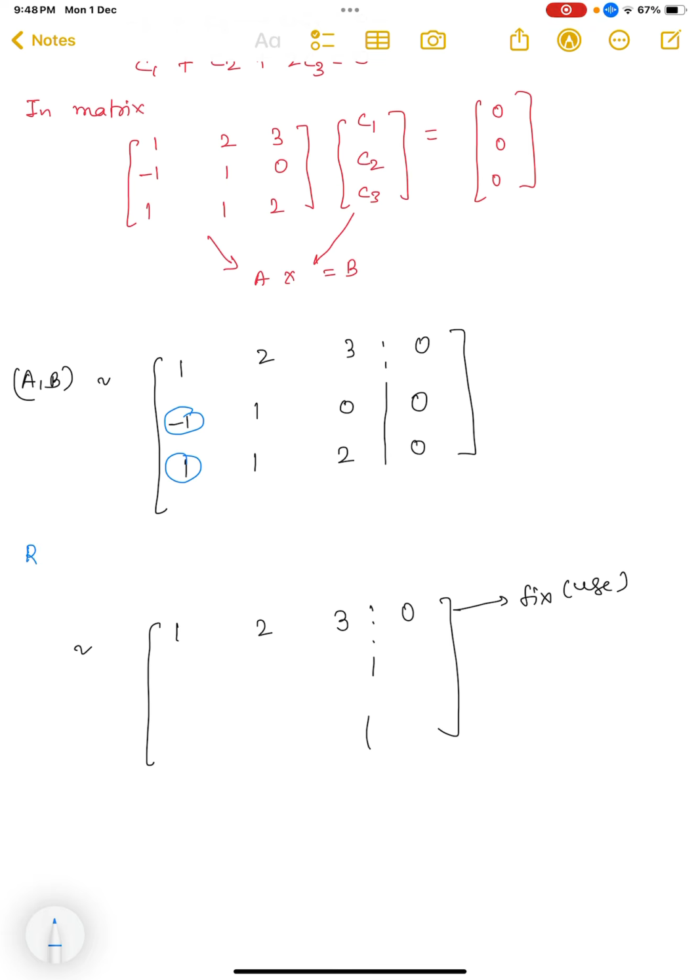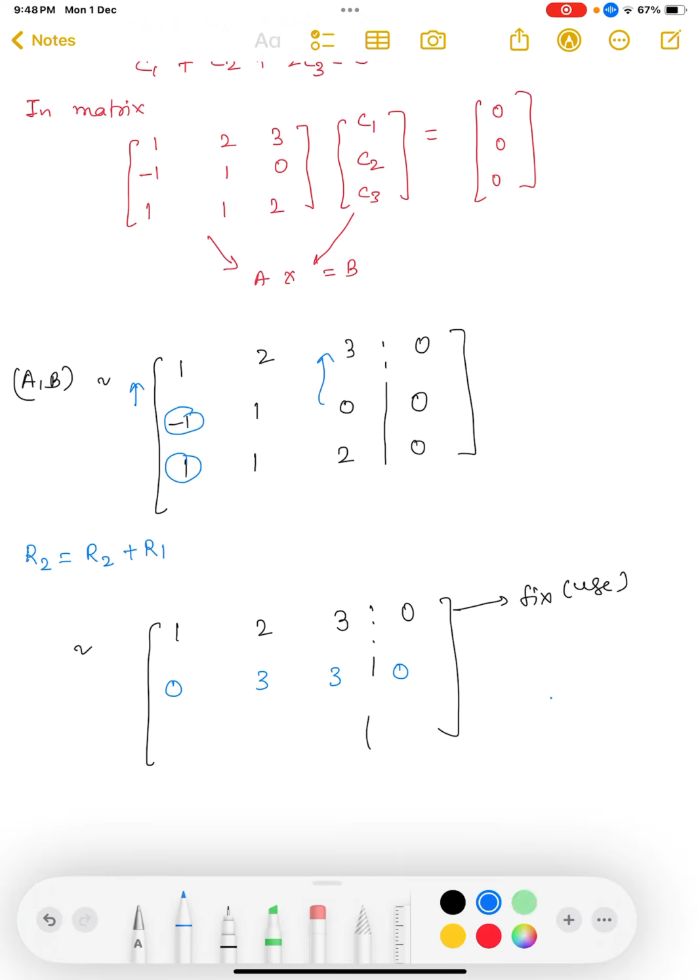So how do we get 0? We apply the operation r2 equals r2 plus r1. Minus 1 plus 1 is 0, then 1 plus 2 is 3, and 0 plus 3 is 3. On the right hand side we have 0.